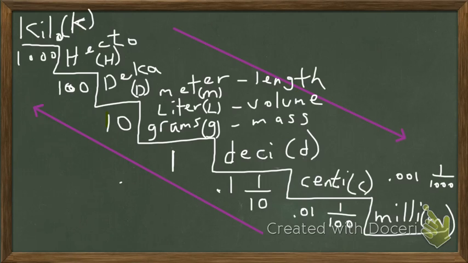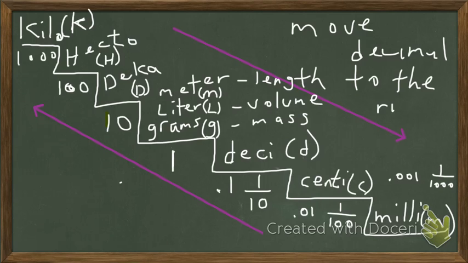What direction is it also traveling besides going down the staircase? It doesn't matter what direction; I could put that on any wall. To the right. Guess what you do with the decimal when you go down the stairs? You move the decimal to the right.